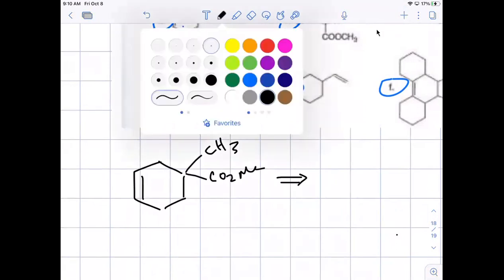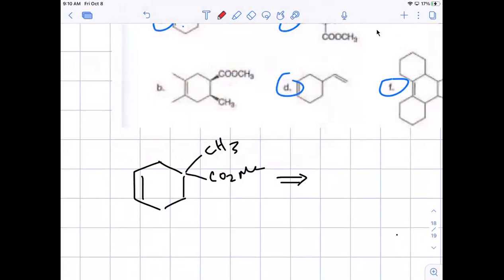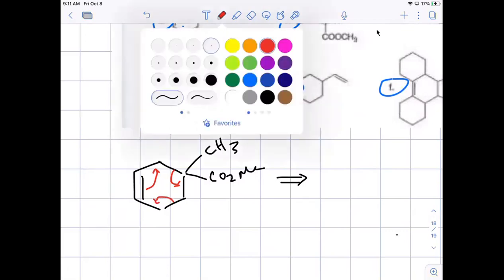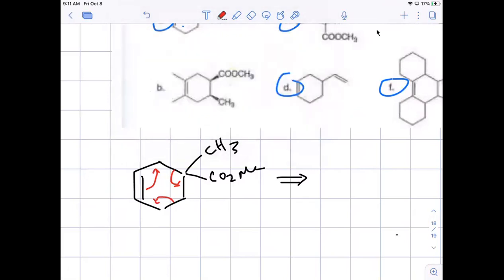So if we take that alkene, move these arrows here, right? We're going to break this sigma bond here, and then we're going to put this here, like that, right? What that's going to give me, it's going to put a pi bond here, a pi bond here, and then one here, right?